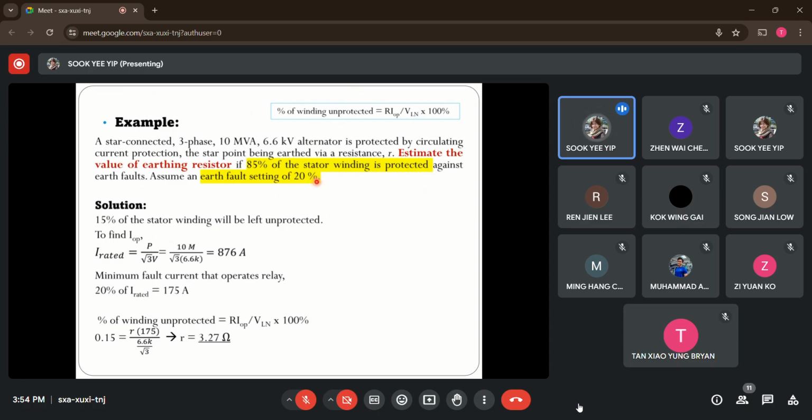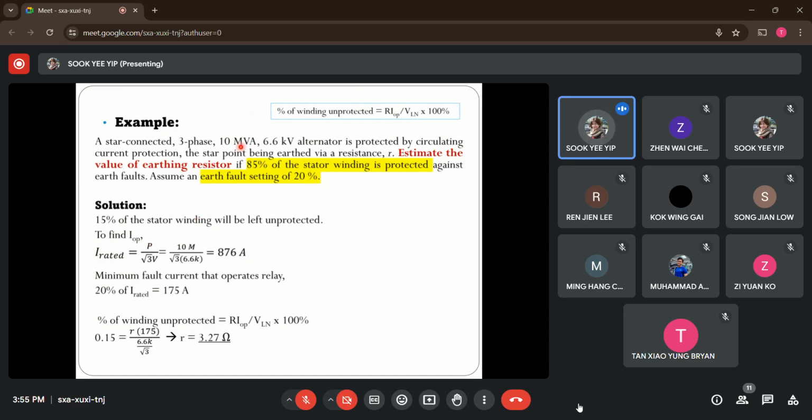Okay, so how can I get the rated current for the generator? I have the power, I have the voltage. Remember how we solved for the current for the transformer, it is the power equation. The three-phase power equation, we have power equal to square root of 3 VI, right? So you arrange in terms of current, then you can find the rated current flow for this generator.